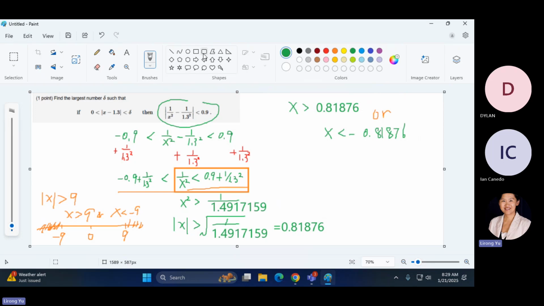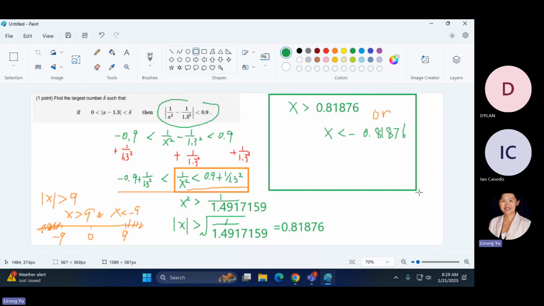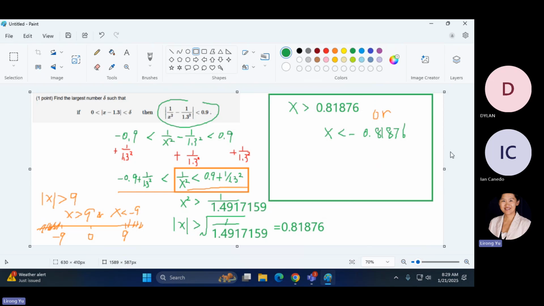This will become two inequalities. We're trying to find the boundary for x minus 1.3, so we're going to subtract 1.3 from this and this. We're going to also subtract 1.3 on both sides of this inequality.